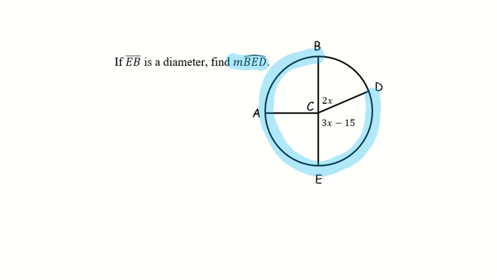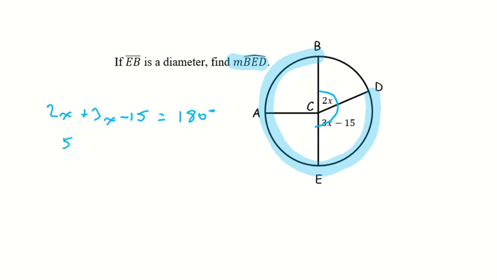Now, we know that angle BCD plus angle DCE equals 180 degrees. And I'm going to use that information, because BE is the diameter, to come up with an equation. 2x plus 3x minus 15 equals 180 degrees.